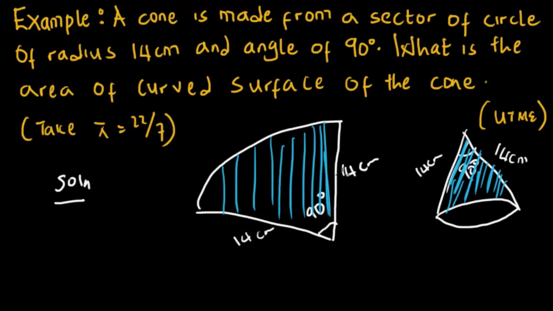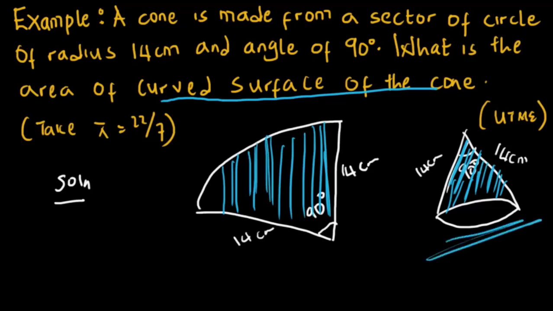The area of the shape. So it means that to find the curved surface area of the cone, I can as well find the area of this sector, because the curved surface area of this cone is equal to the area of the sector. Does that make sense? So I'll just be finding the area of the sector, and then I'll be able to get the curved surface area of the cone.